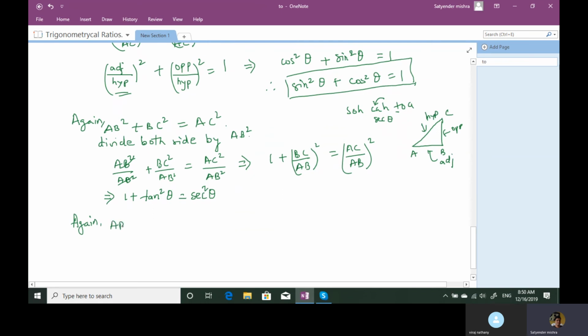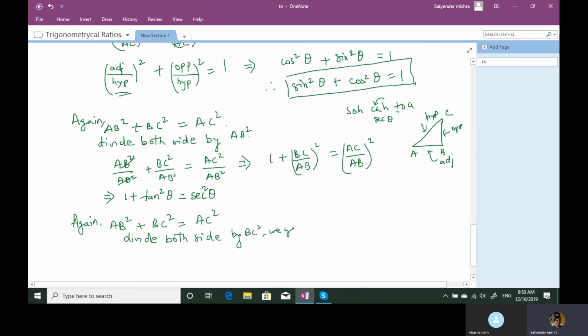Again AB square plus BC square equal to AC square, and divide both sides by BC square.